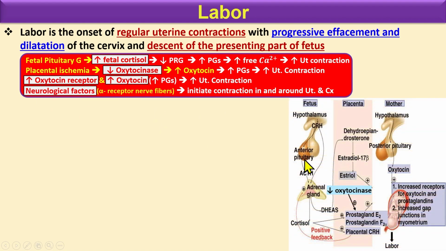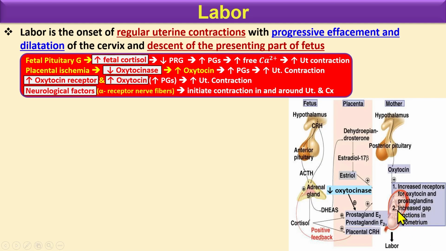Here you can see the hypothalamus, which is releasing the cortisol. This cortisol impacts the prostaglandin, which increases the contraction. This is from the fetal side. From the placental side, there is a decrease in oxytocinase, which increases the prostaglandin as well as stimulates the oxytocin. This is second, and the third thing is that the pituitary receptors are increasing, as well as the pituitary secretion from the mother's side.